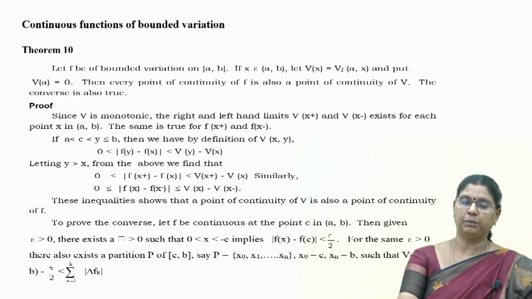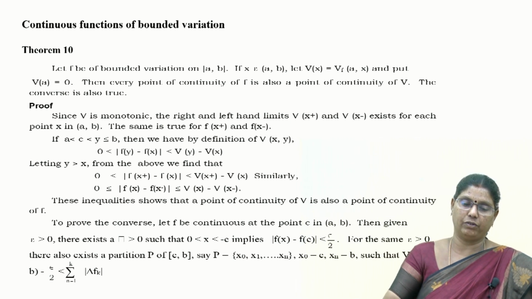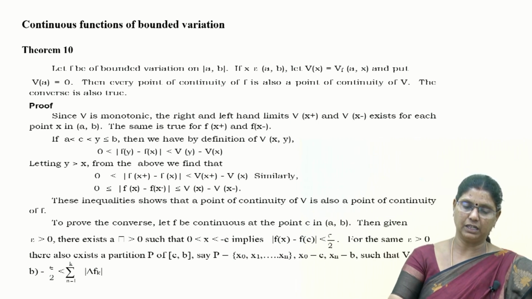If we consider the points x and y with x less than y, we have the definition of v: 0 is less than or equal to modulus of f(y) minus f(x), which is less than or equal to v(y) minus v(x). Now let us take y greater than x.